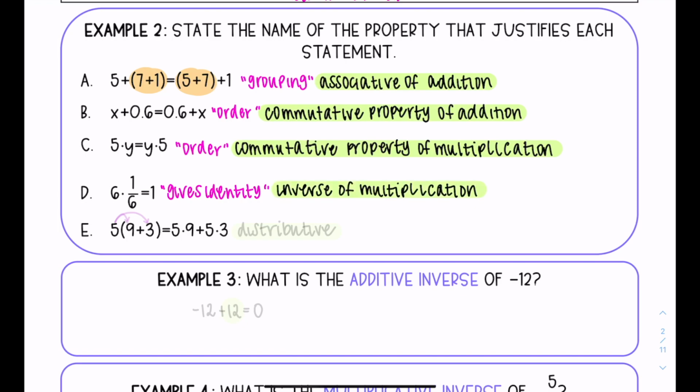And the last one, we got 5 times 9 plus 3 equals 5 times 9 plus 5 times 3. Well, this is the distributive property. You can see that I brought 5 into 9 and 5 times 3.